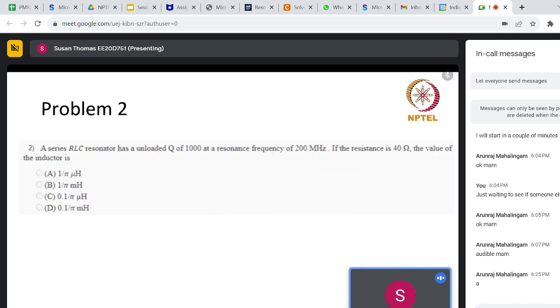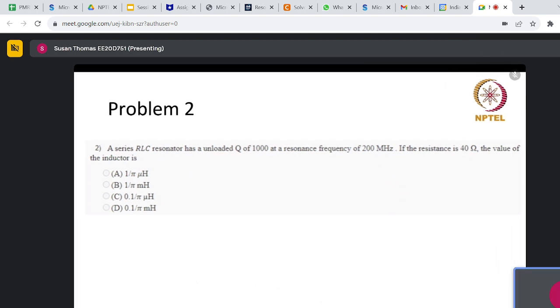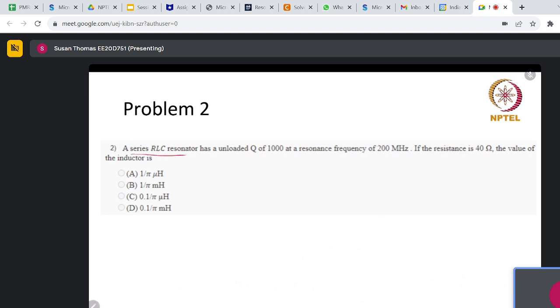This question is related to Q factor. So we need to look at this. This is a series RLC with an unloaded Q factor, generally we represent as Q naught, 1000, and the resonant frequency F naught is 200 megahertz. If the resistance is 40 ohm, the question is what is L?